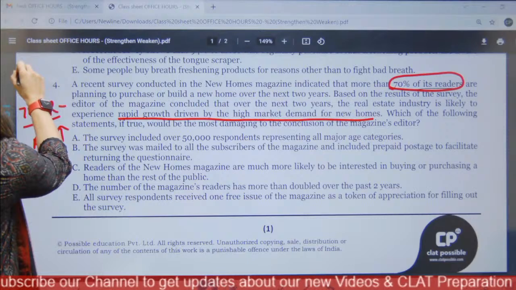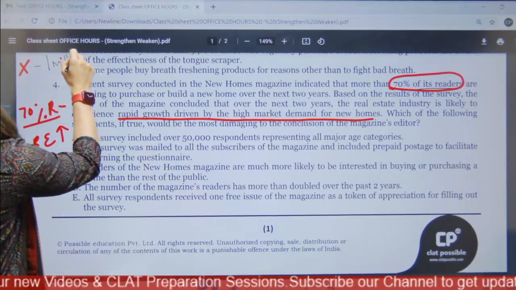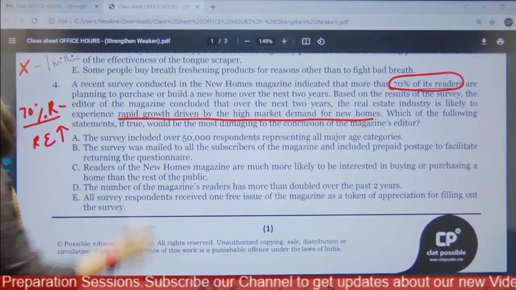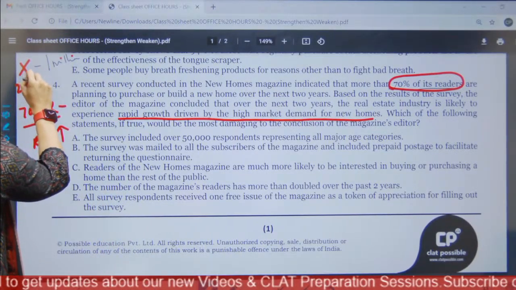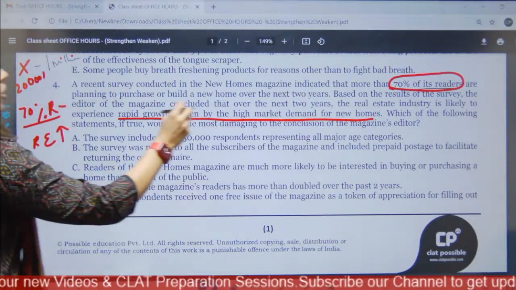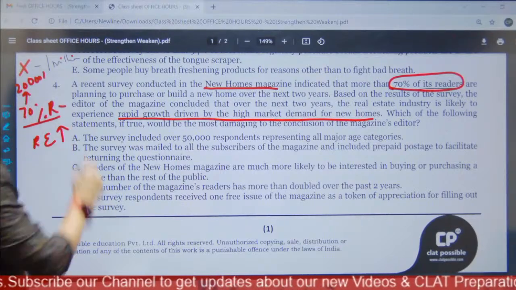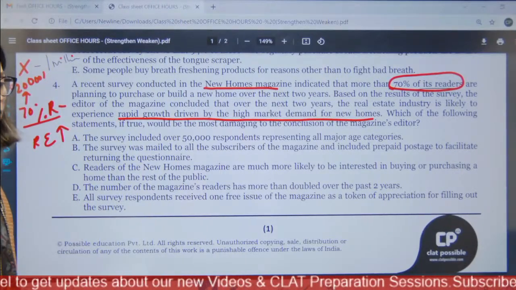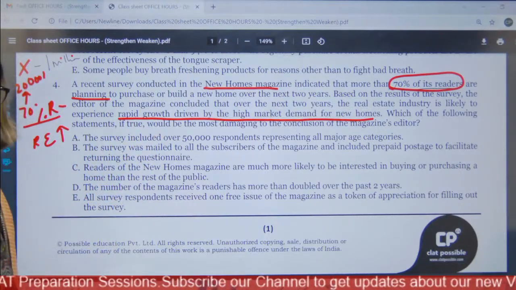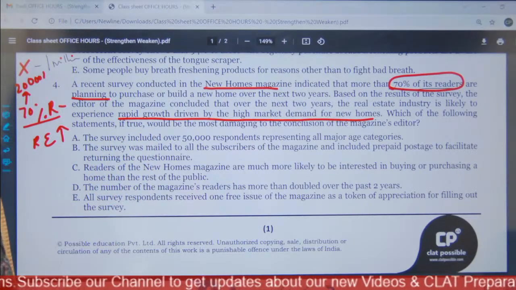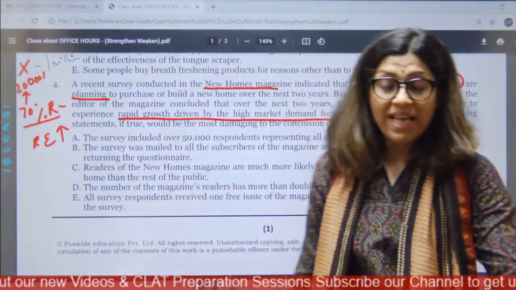So let's assume that city X has 1 million residents. And of that 1 million, 20,000 read New Homes magazine. And 70% of 20,000 are planning, have not even bought, but are planning to buy a home. So is that even 50% of the town?